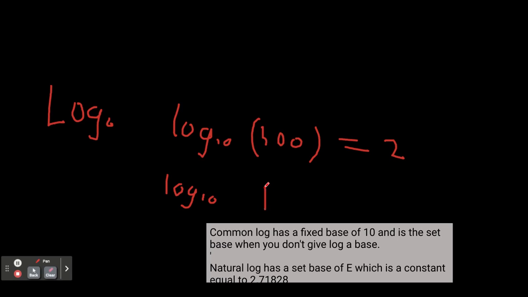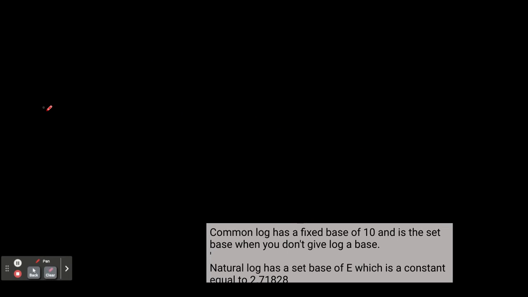So if you just do log 8 in a calculator, the base, even though you can't see it, will always be 10, unless you put it in yourself. That's what common log is, basically, just having a fixed base of 10. And it works really well for big numbers too.